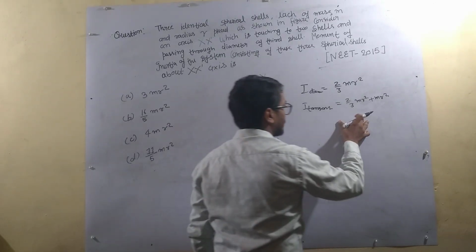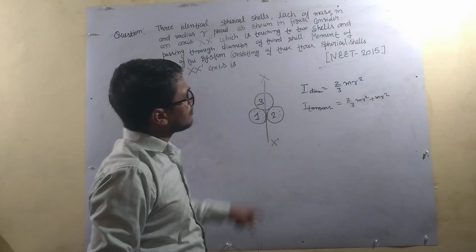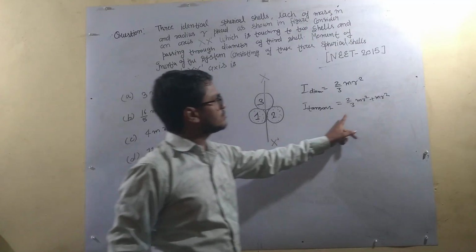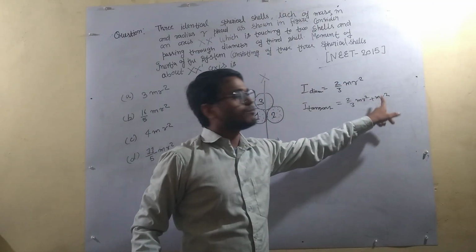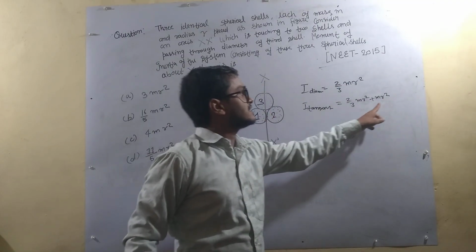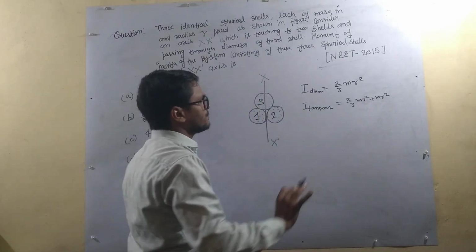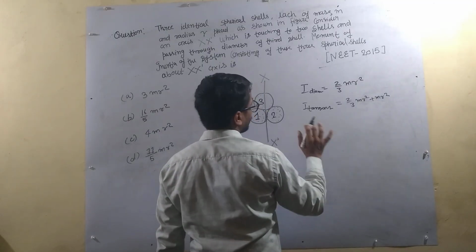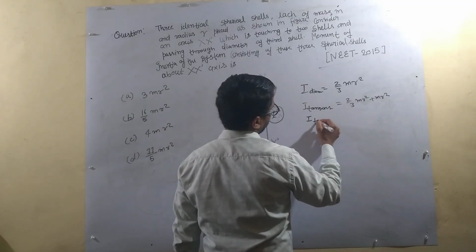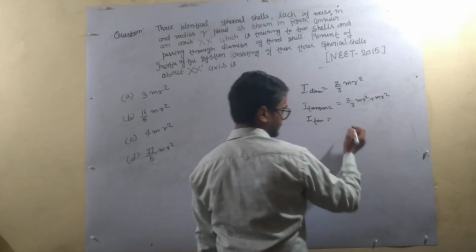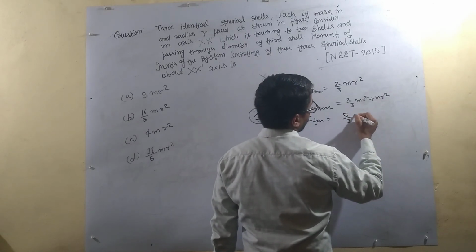According to the theorem of parallel axis, the moment of inertia about any axis is equal to the moment of inertia about the parallel axis passing through the center of mass plus the mass of the body times the square of the distance between the two parallel axes. So the moment of inertia of the first spherical cell will be 5 by 3 mr square.